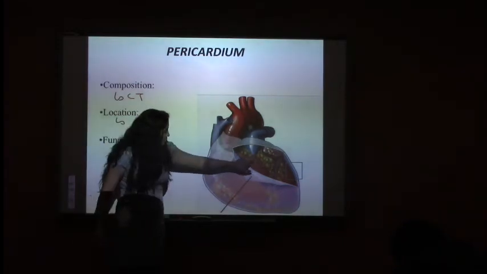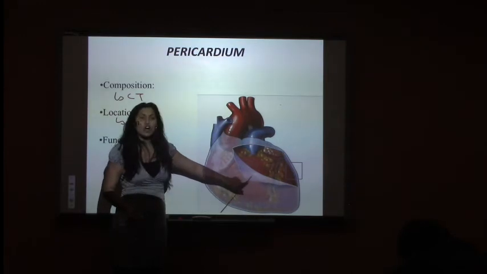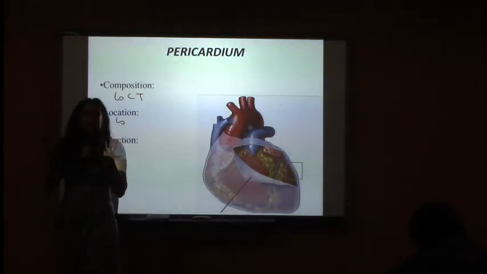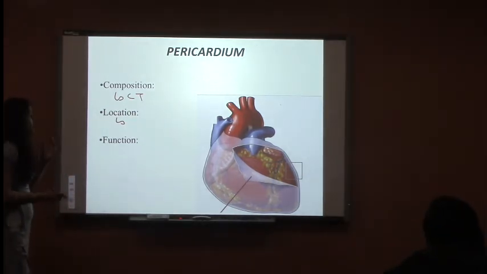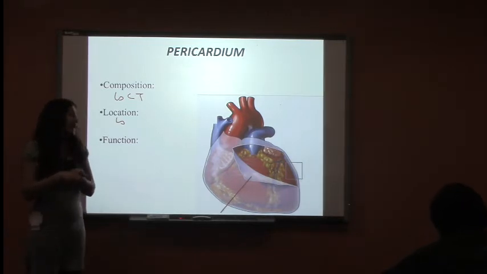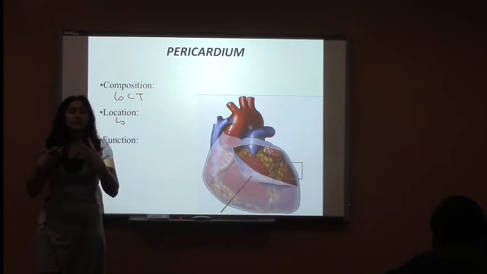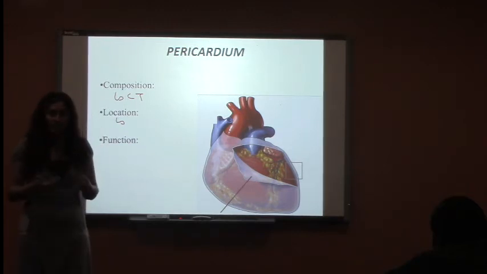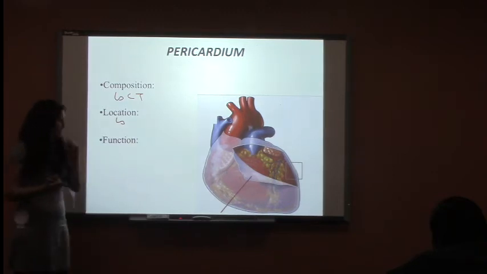As you can see, here's the heart, and this gray thing that you can pull away is the pericardium. It surrounds the heart and forms a sac. So the heart is found within the pericardial sac. The function is protection. Anytime you have a connective tissue covering, it's for protection.